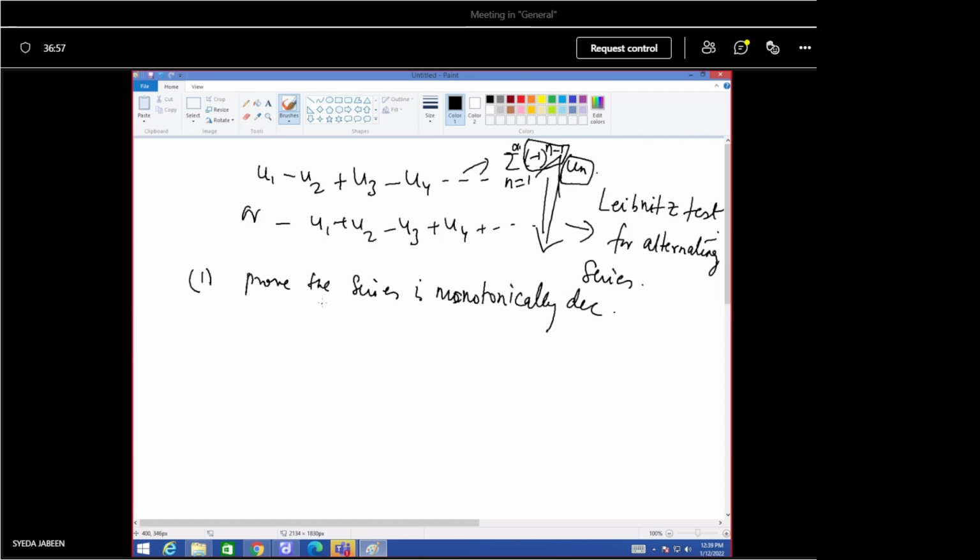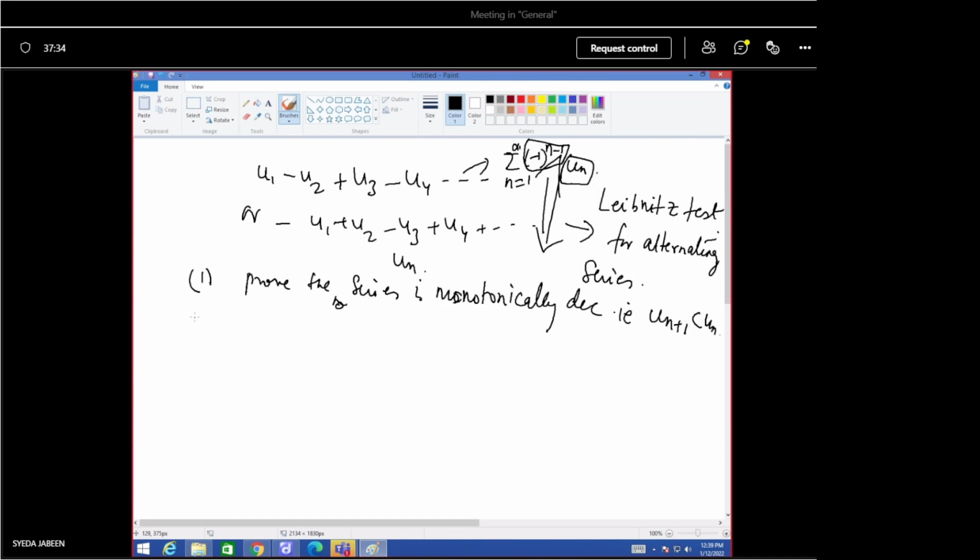To prove that un is monotonically decreasing, u(n+1) should be less than un. We don't take the modulus either, we just consider only the positive part of the term.